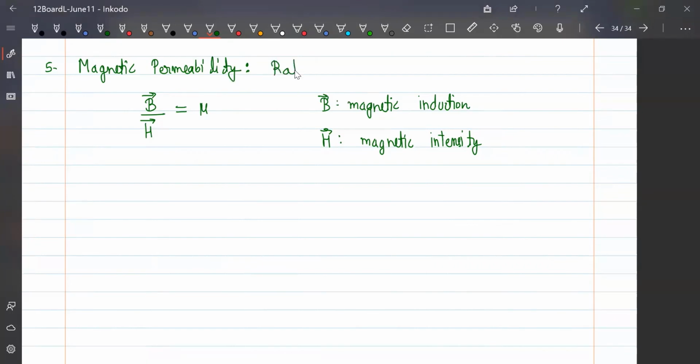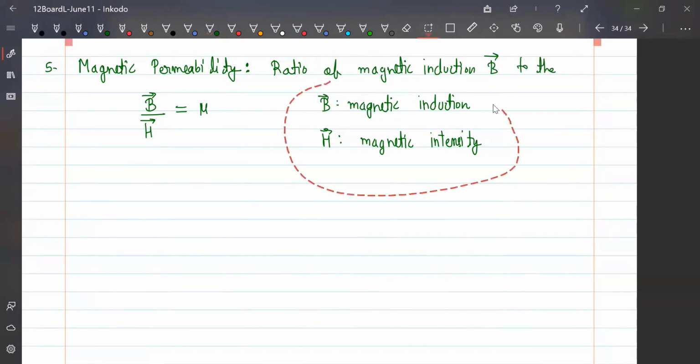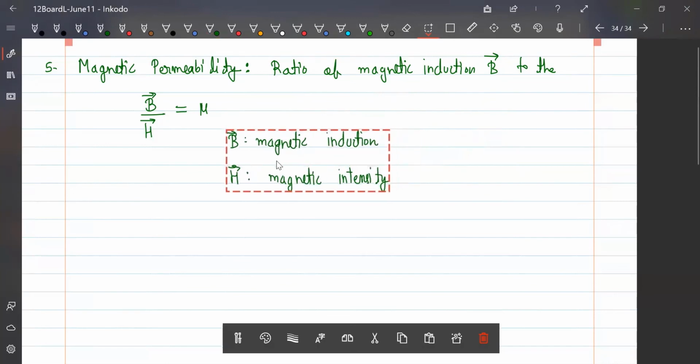Okay, ratio of magnetic induction, that is B vector, to the magnetic intensity.